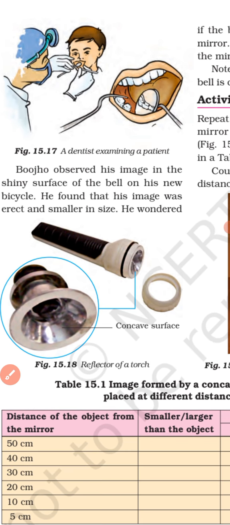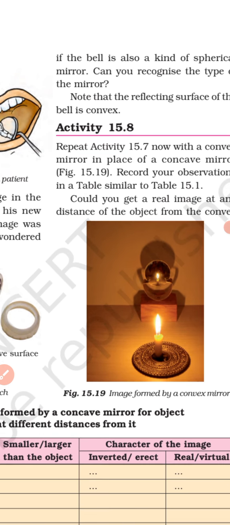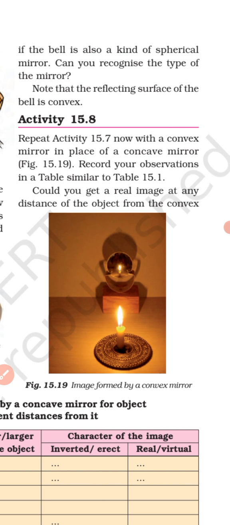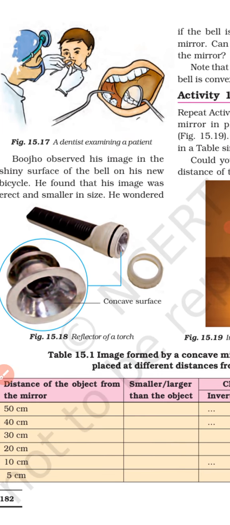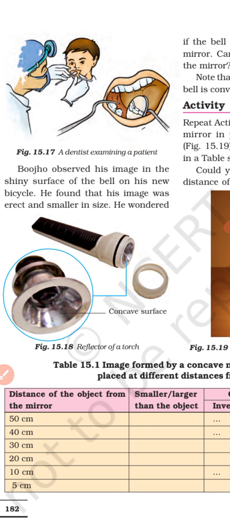Clear? So Bujo observed his image in the shiny surface of the bell on his new bicycle. He found that his image was erect and smaller in size. He wondered if the bell is also a kind of spherical mirror. Can you recognize the type of the mirror? If you have a cycle, you must have seen the cycle bell, right?